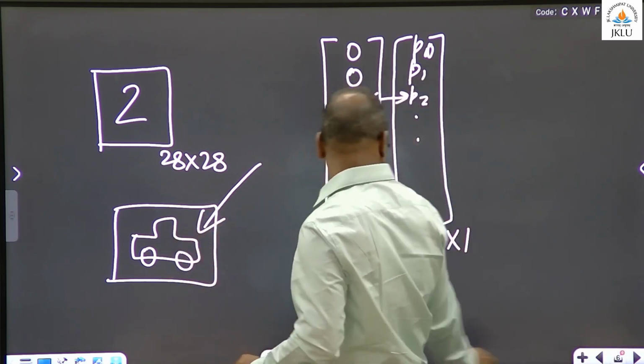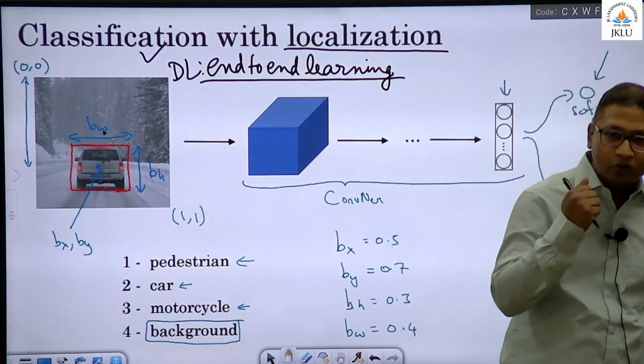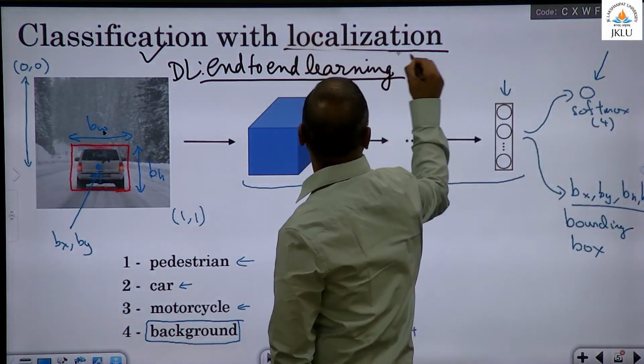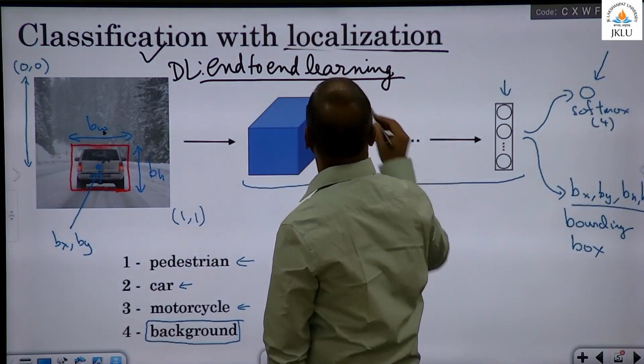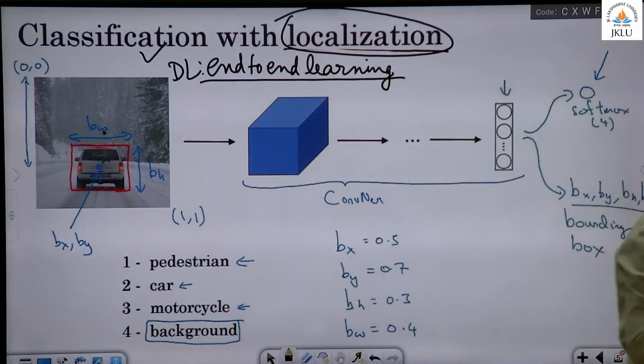Okay. We go back. What do I do in this case now? How do I solve this problem of localization? You need to be present here mentally in this case now.